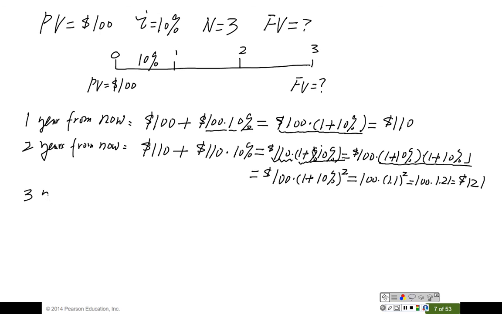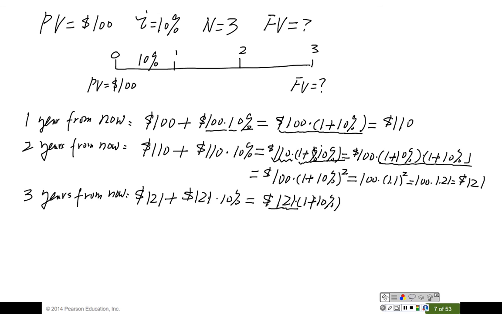So 3 years from now. Similarly, after 2 years, the amount of money in your account has become 121. Again, you earn 10% interest on this entire 121, and this equation can be written as 121 times 1 plus 10%.